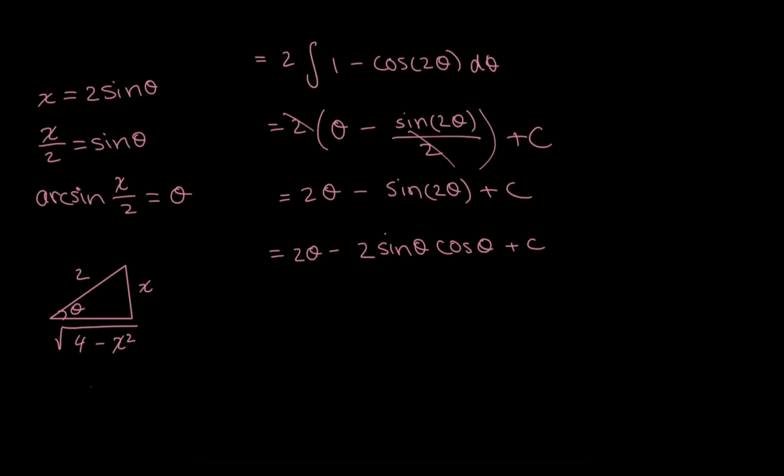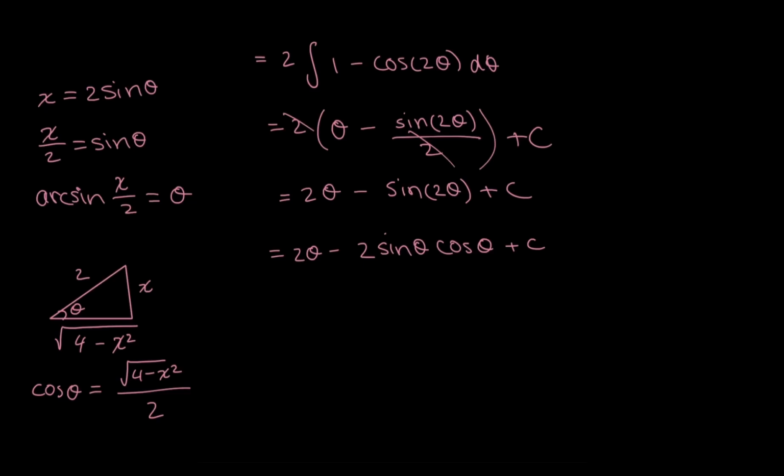And I know that my cosine theta is equal to the adjacent over the hypotenuse, so this is equal to the square root of 4 minus x squared over 2. And this is just using what you know about trig in the first place.